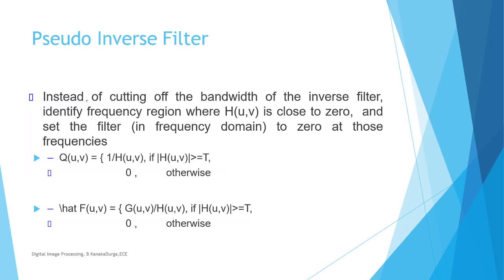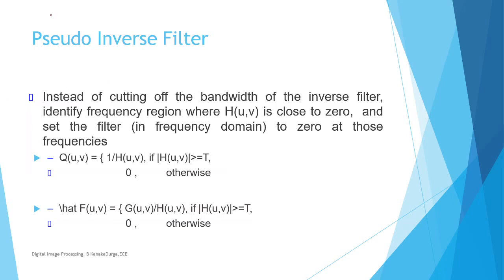It is going to consider the function Q of u comma v only when H of u comma v has a value greater than a certain threshold value. If it is greater than a certain threshold value, it cannot be equal to 0. If it cannot be equal to 0, the problem will not come for us.